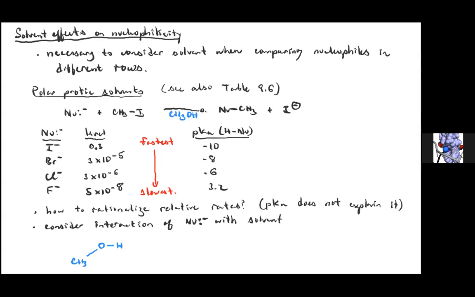The OH in methanol can serve as an H-bond donor, and my halide, which I'll draw generically as Nu minus, can be an acceptor.